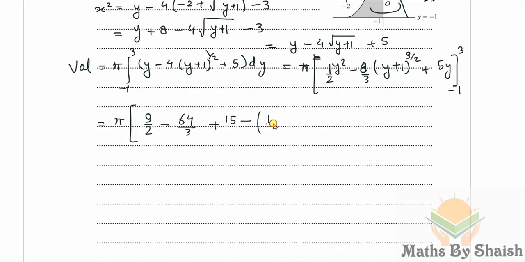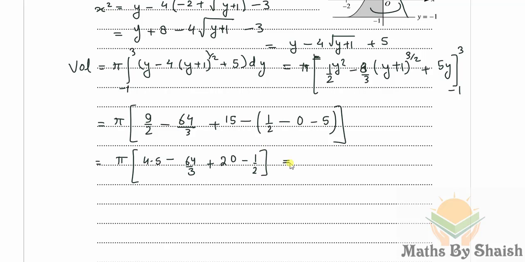That is (-1)²/2, which is 1/2, and -1 + 1 is 0, so that term is 0, and minus 5. Now I'll simplify the bracket: 9/2 is 4.5, minus 64/3, plus 15, and minus -5 becomes plus 5, so 15 + 5 is 20, minus 1/2.